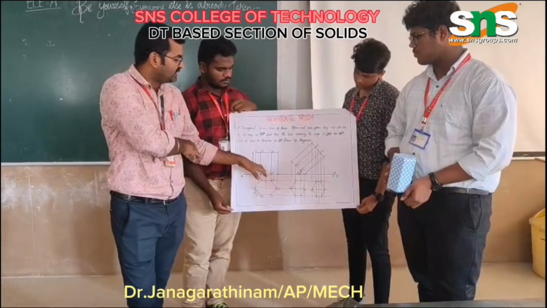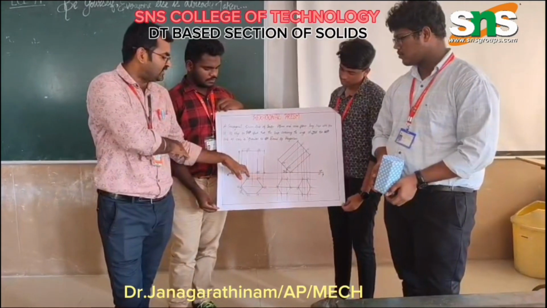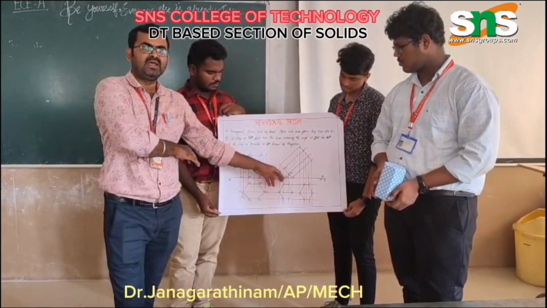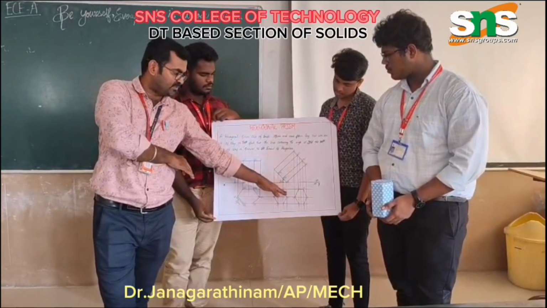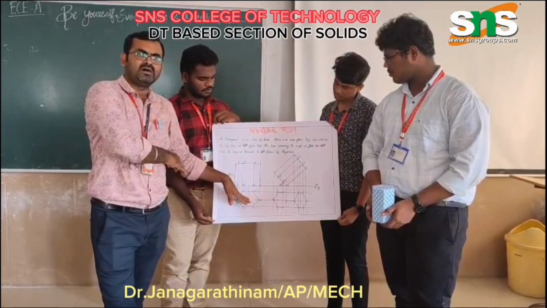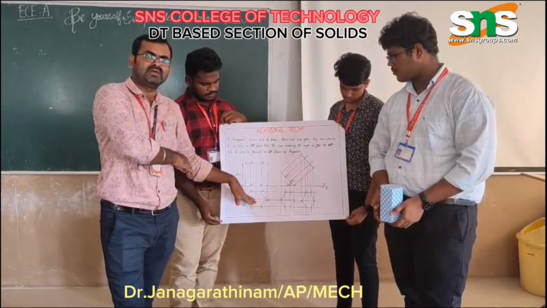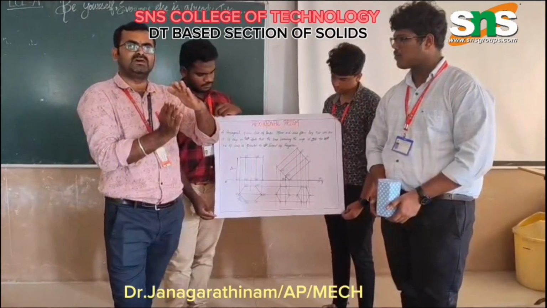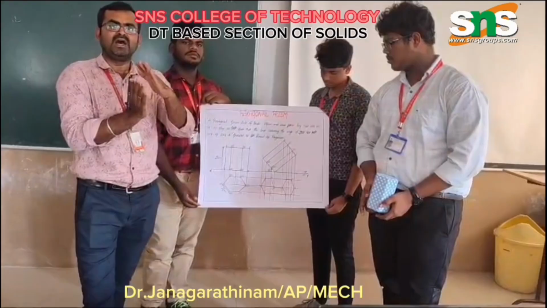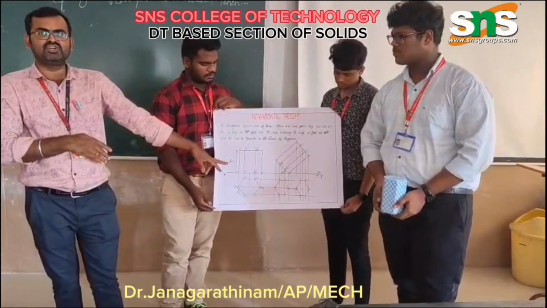So that's why we have to incline that rectangular face at 30 degree. After that we have to project all these points, which are the inclination points as well as the top view of that particular hexagonal prism. We will get the inclination of the hexagonal prism appearing in our horizontal plane.